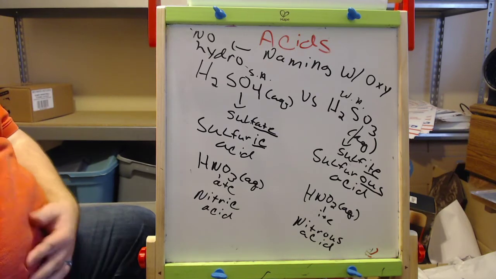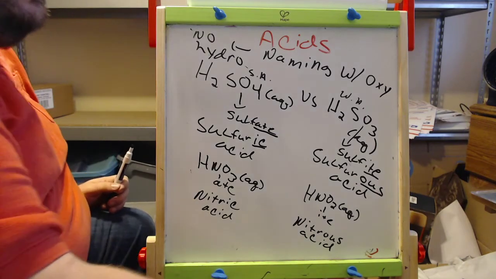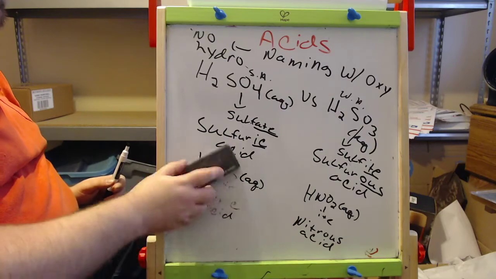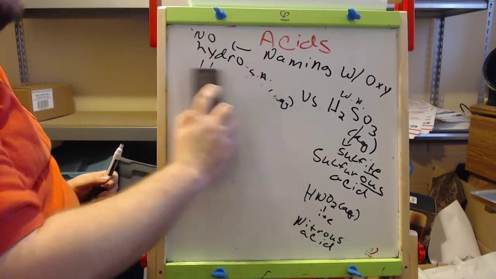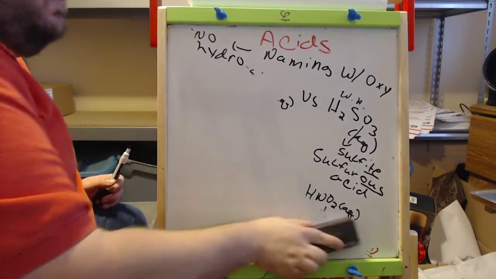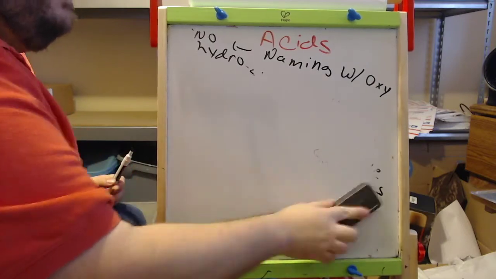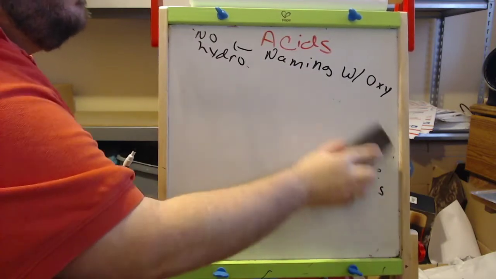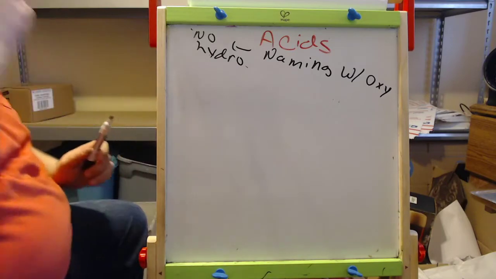So knowing your polyatomics is going to be helpful when doing this part. Now there's one crazy one out there. Well, there's a couple, but the one that's most commonly shown and used is chlorate.